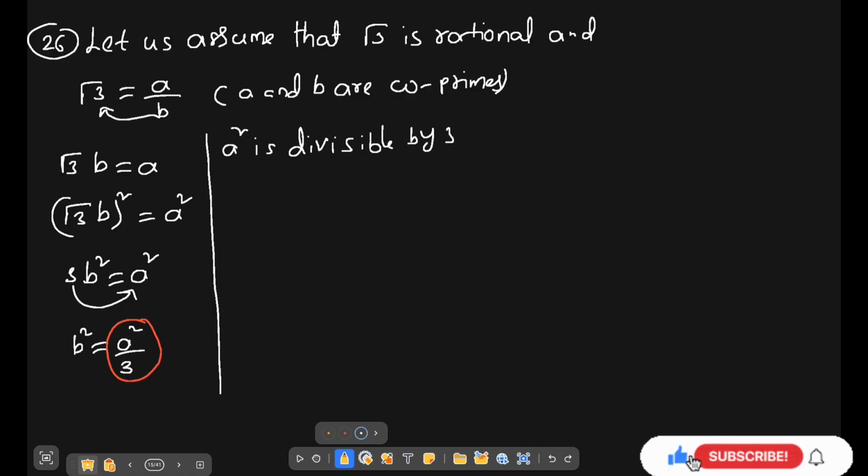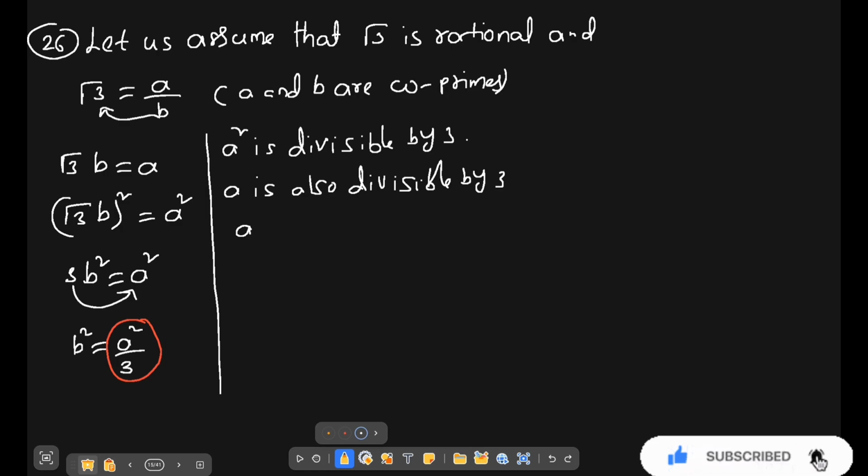When a square is divisible by 3, a is also divisible by 3. Let us assume that when a is divisible by 3, the quotient is some c, some positive integer.